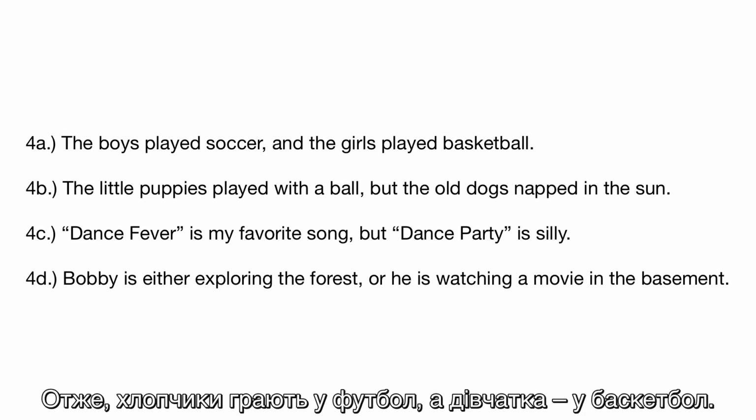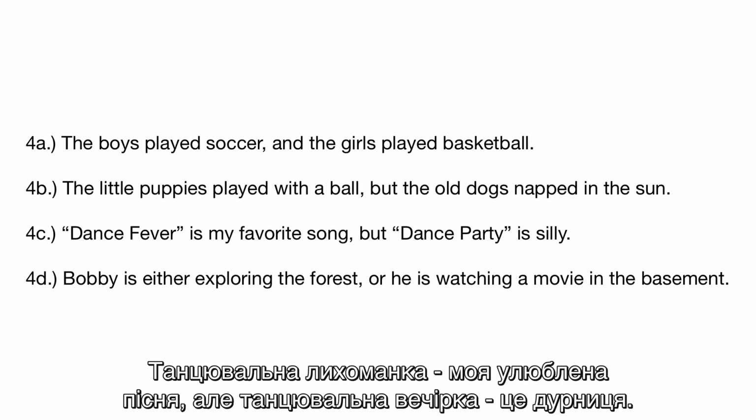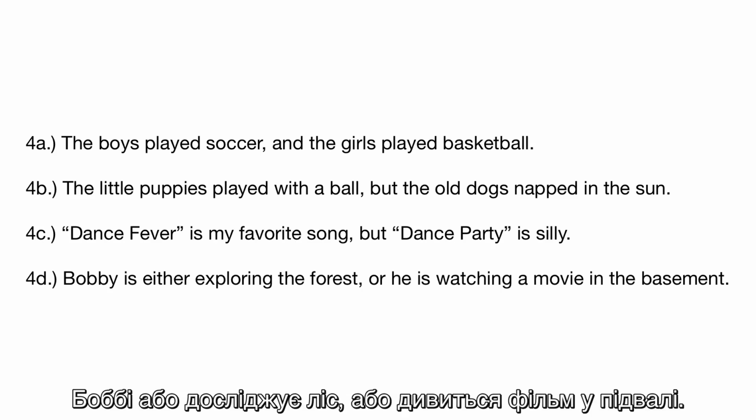So we have the boys played soccer and the girls played basketball. The little puppies played with a ball, but the old dogs napped in the sun. Dance Fever is my favorite song, but Dance Party is silly. Bobby is either exploring the forest or he is watching a movie in the basement.